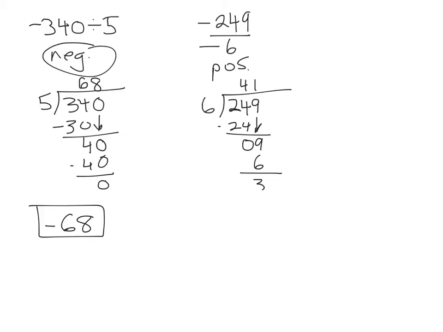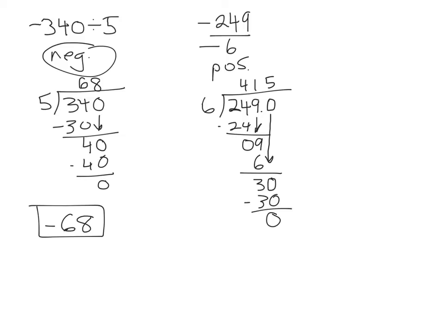I don't have anything to bring down. And I'm not done, so what I can do is add a 0 on here after the decimal. So instead of 249, I now have 249.0. Now I can carry the 0 down, and I have 30. 6 goes into 30 5 times. 5 times 6 is 30, and that gives me 0 when I subtract it.